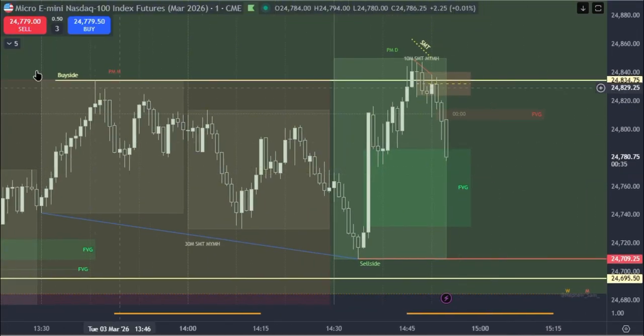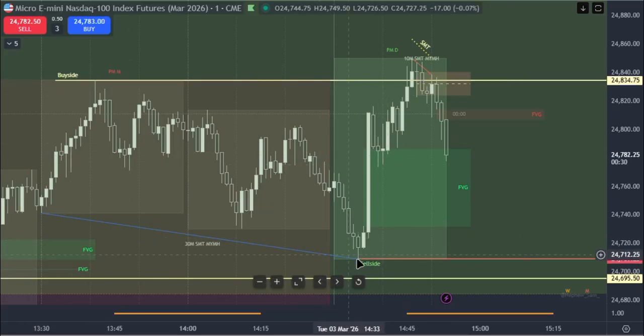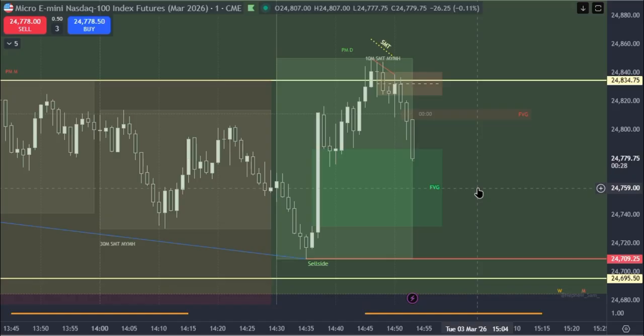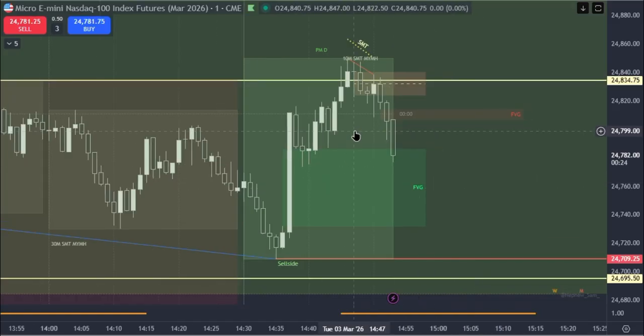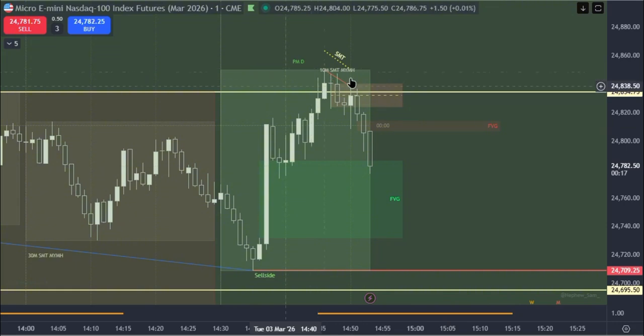This is what we're eyeballing. Remember, external liquidity on our higher time frame. This is our internal liquidity, so this is what we're eyeballing, okay? And I'm doing this candle by candle. I'm trying to break this down so you can understand how I'm seeing the market.